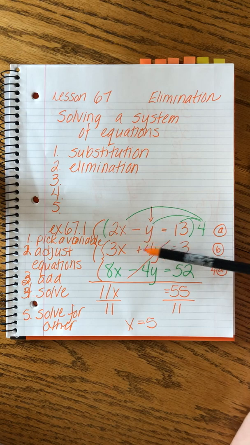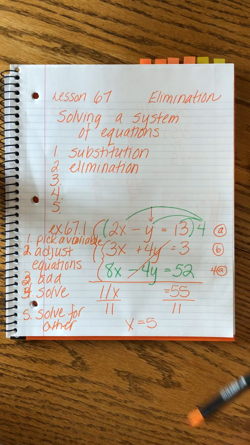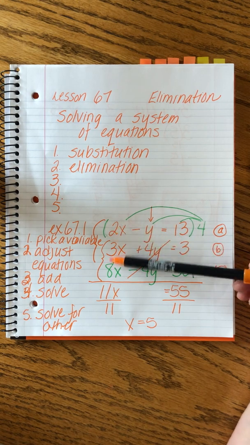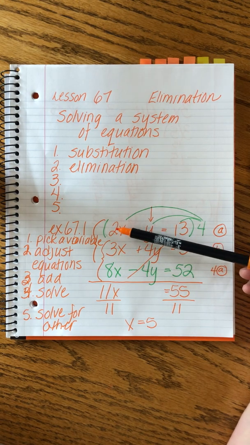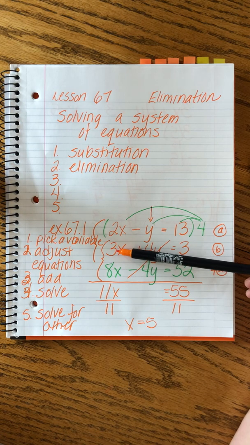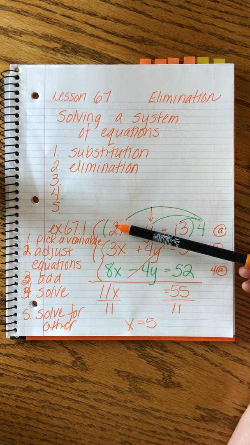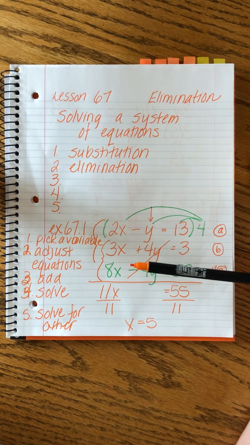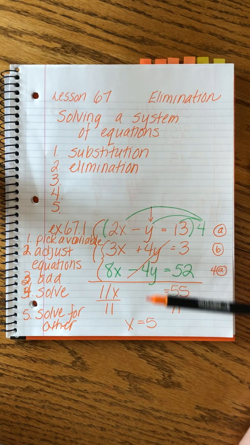We just said, okay, which of these values will be easier to adjust the equations to make them cancel out? Should we adjust the y's or the x's? We could have multiplied this one by 3 and this one by -2. Then we would have gotten a +6 and a -6. So you can do it either way. It's risk-free in that respect.